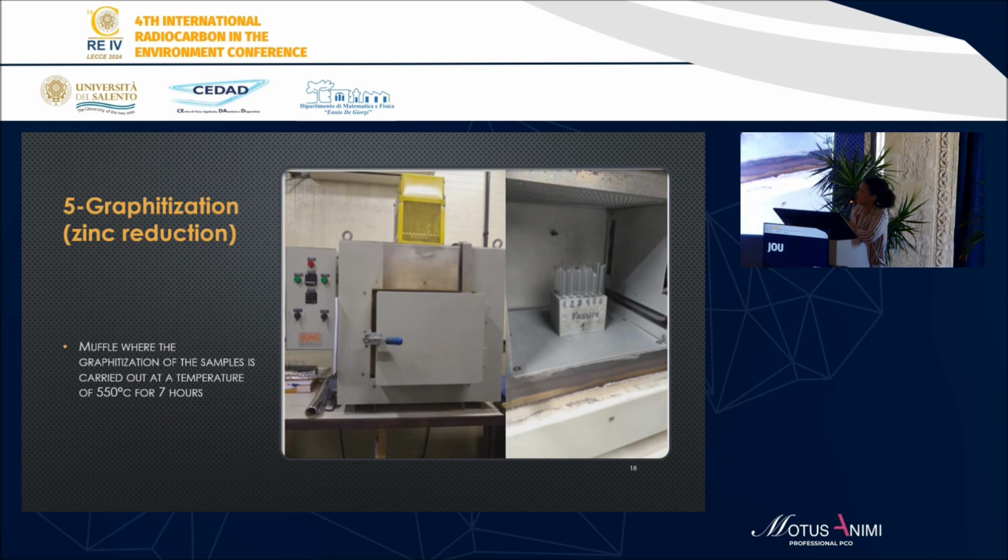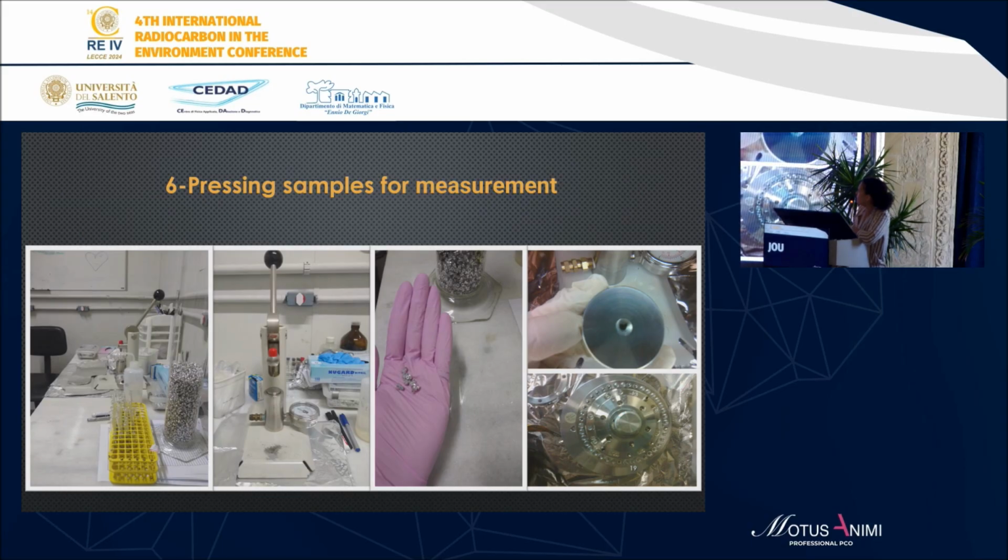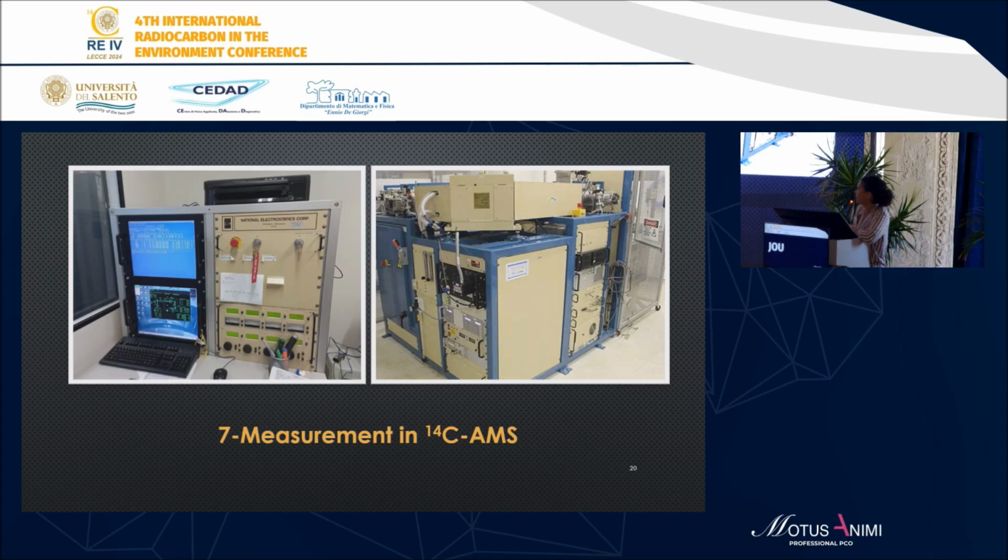In this case, a zinc reduction. When the samples are graphitized, I press them in some targets, put them in the wheel and measure in the AMS. This is the AMS in Lecce, and for determination of the biogenic fraction, I use ASTM D6860.